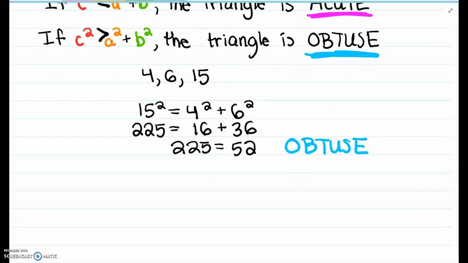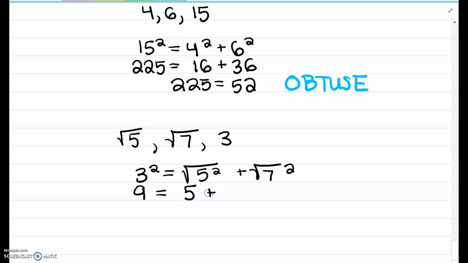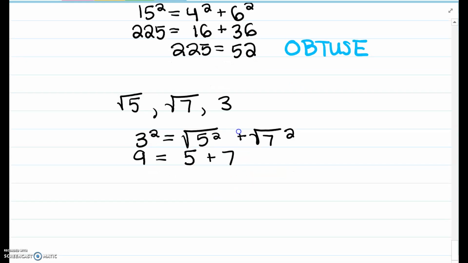Let us do another problem with radical 5, radical 7, and 3. So we get 3 squared equals radical 5 squared plus radical 7 squared. By squaring the radicals, they eliminate. So we end up with 9 equals 5 plus 7.